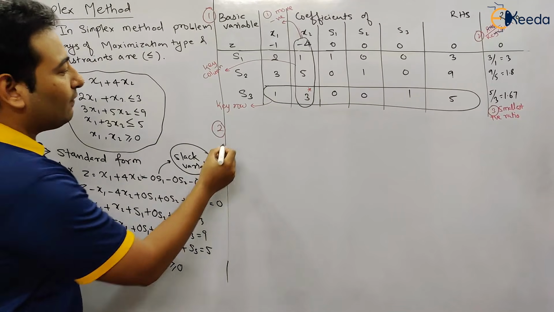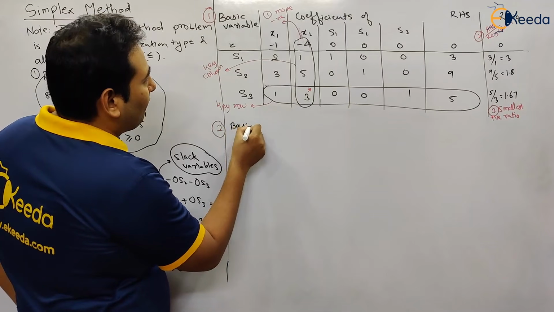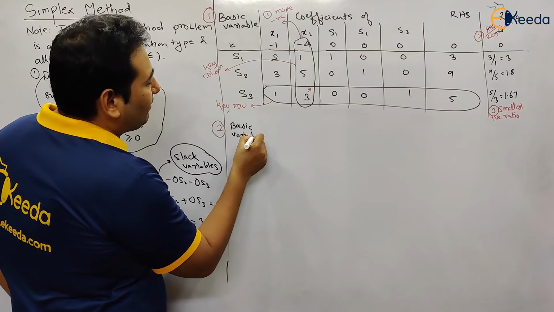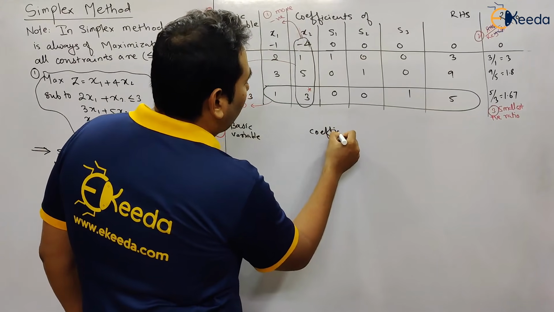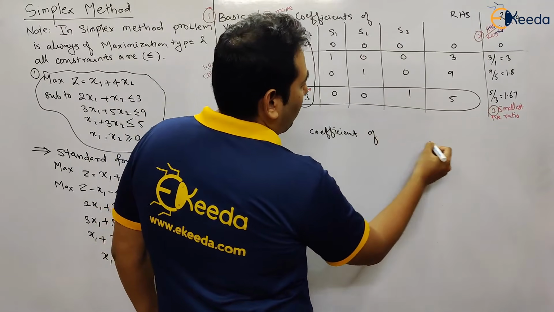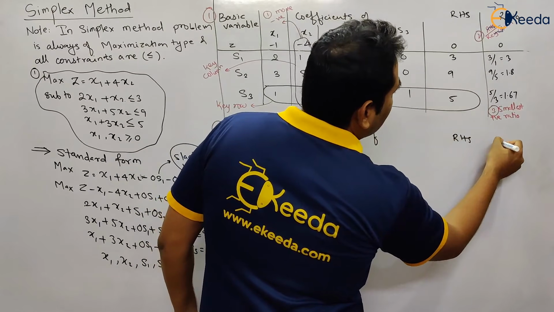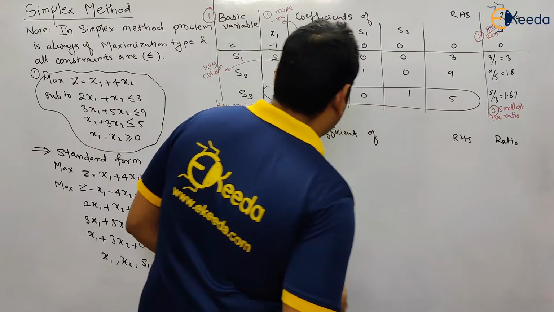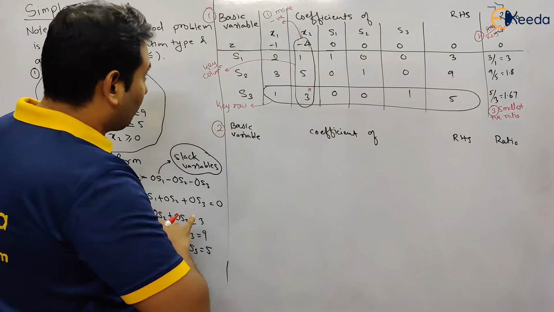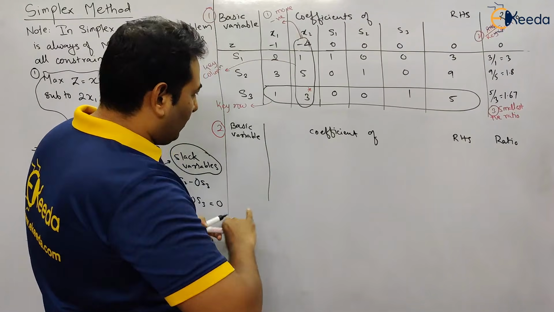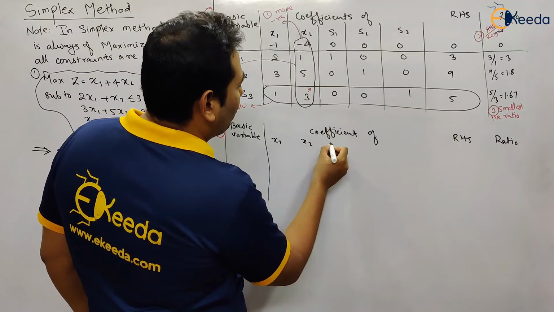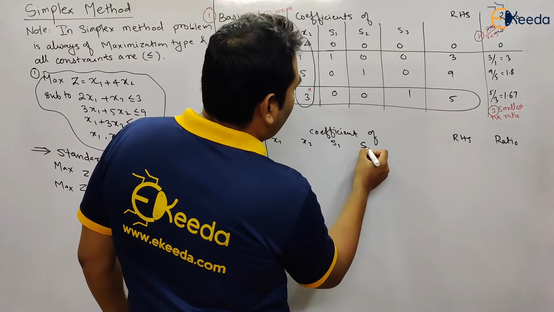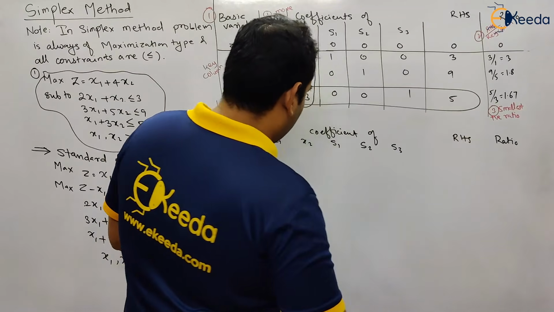For that, again, your basic table heading will remain the same: basic variable, coefficient of, RHS, and finally a ratio. Again, coefficient of x1, x2, s1, s2 and s3.